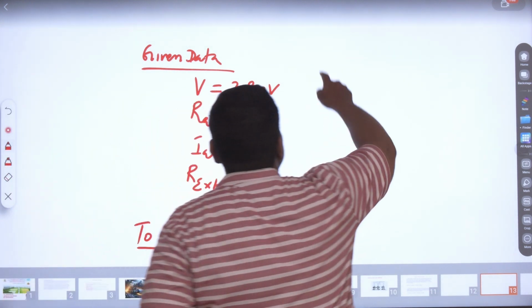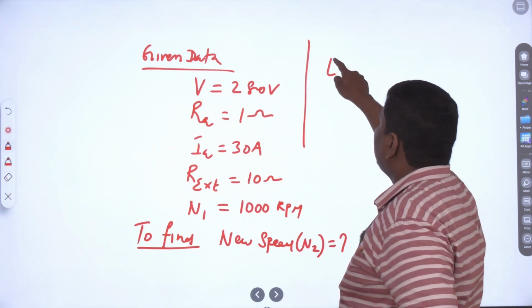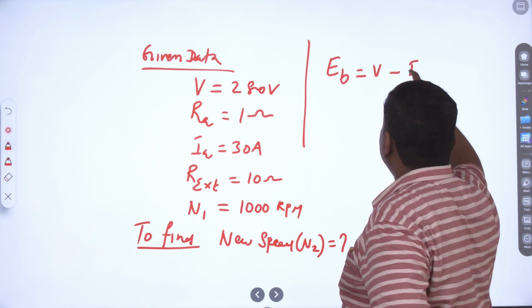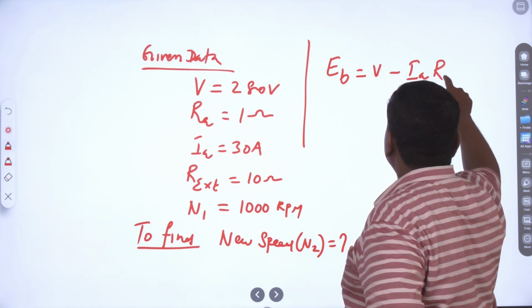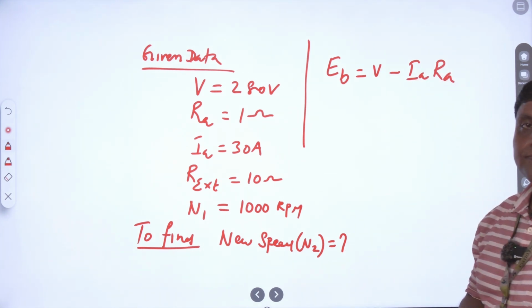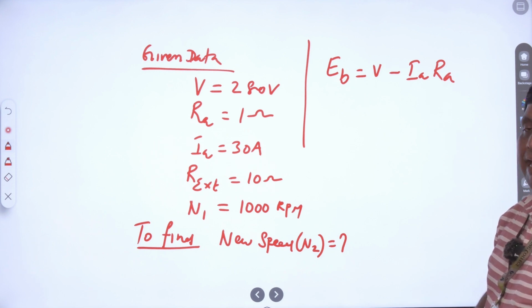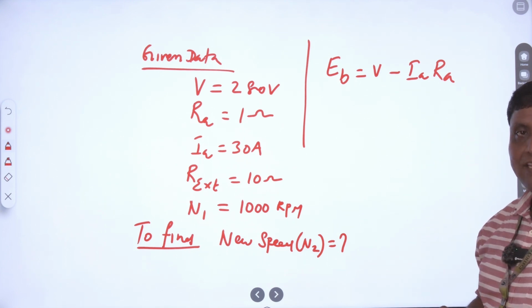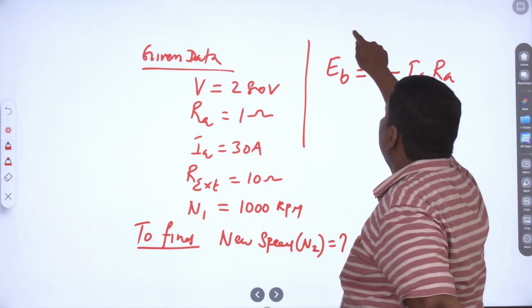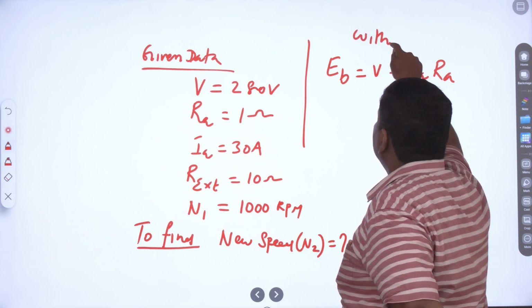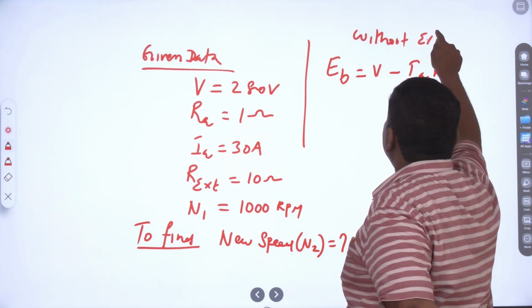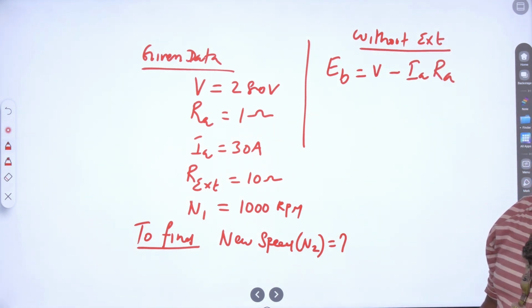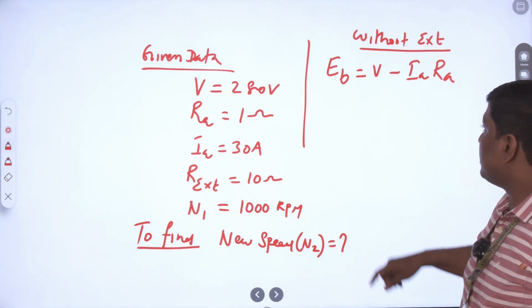So in a DC shunt motor, the back EMF EB equal to V minus IA RA. Now you can calculate, without external resistance, what will be the back EMF.